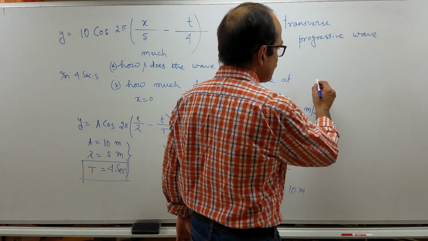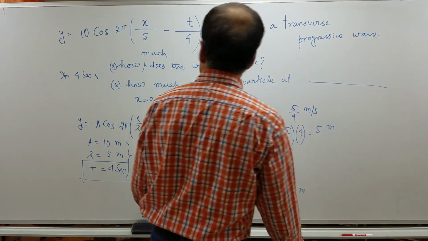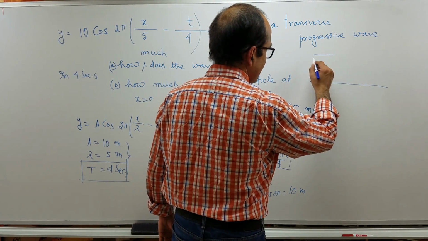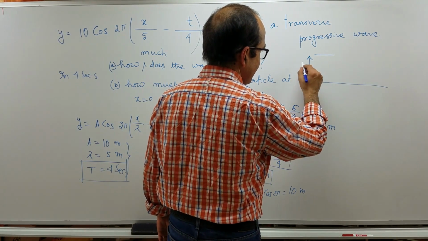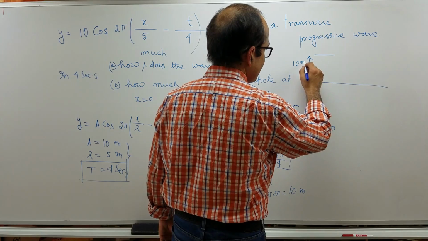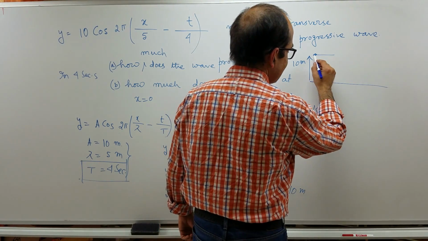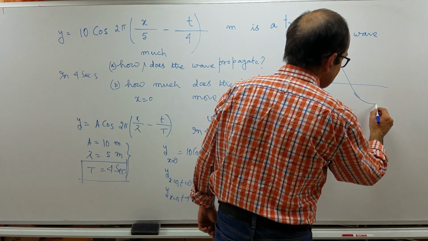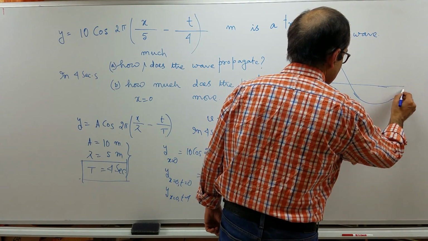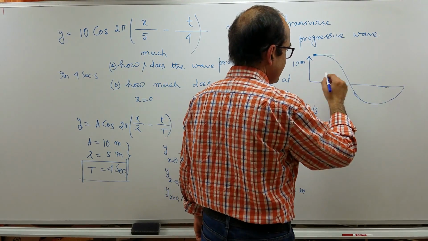If we look at the motion of the particle at x equal to 0, it started from a height of 10 meters above the mean position, and this is the shape of the wave. The particle started from here.